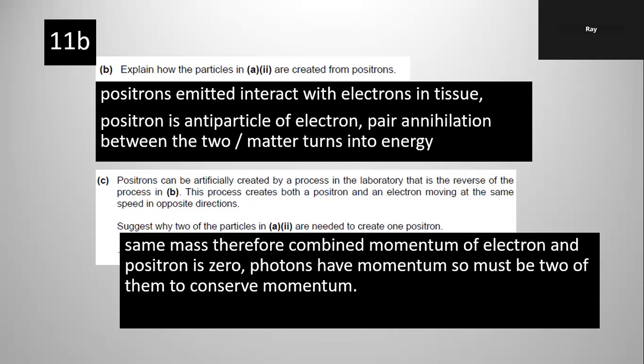Electron meets positron, there is zero momentum, so two photons are required to produce zero momentum also, in opposite directions, meeting to annihilate each other.